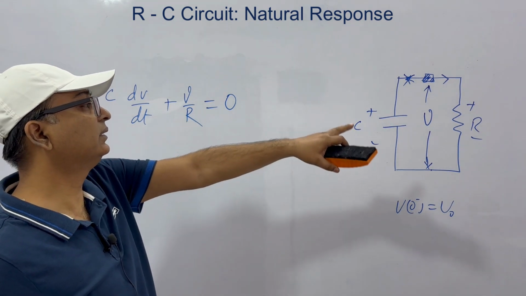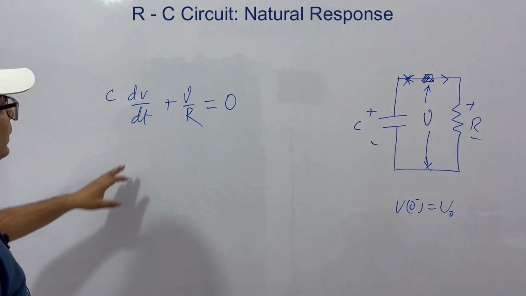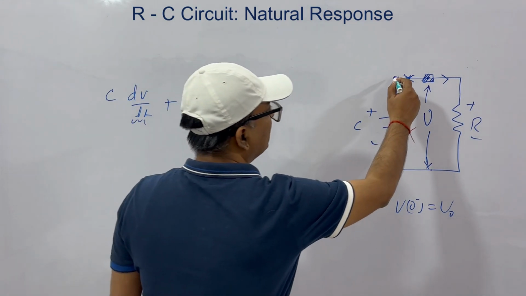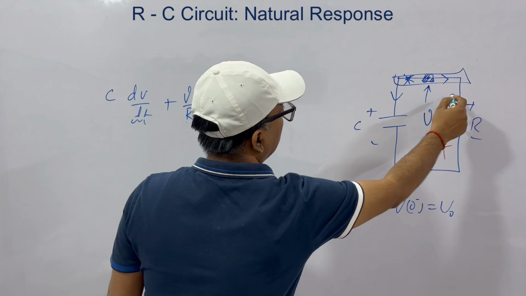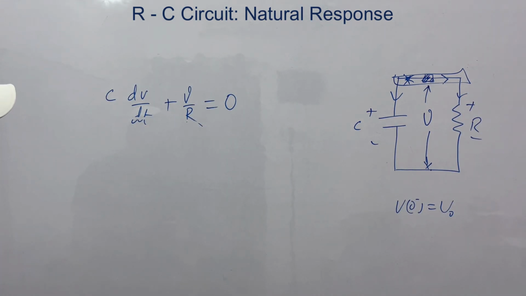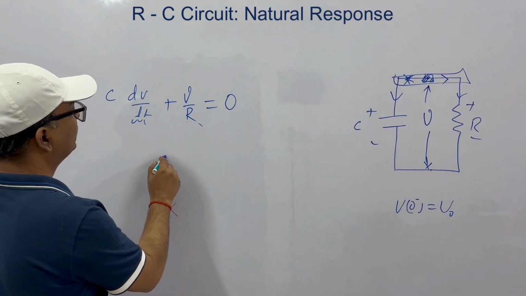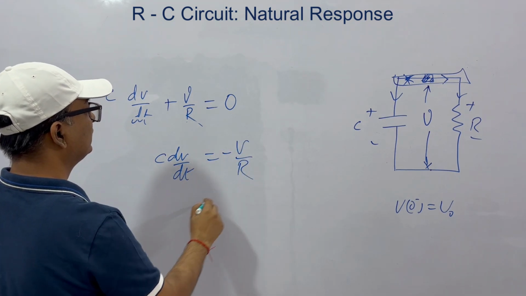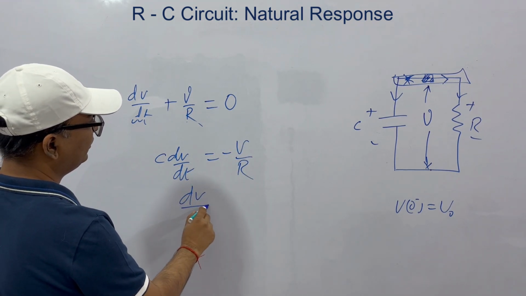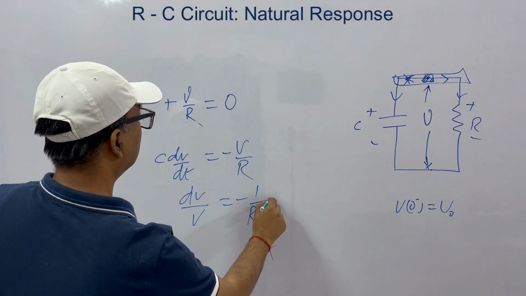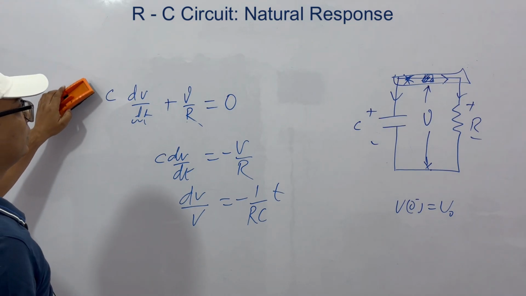C dV by dt plus V by R is equal to 0. So this is the KCL equation when we took it at this node: this current plus this current equal to 0. Now from here, C dV by dt is equal to minus V by R. So what you get is dV by V is equal to minus 1 by RC dt.